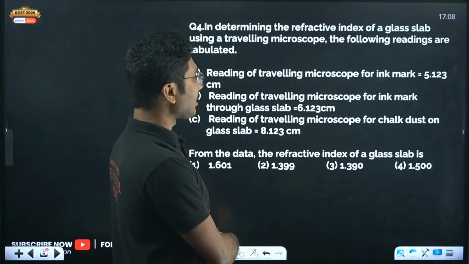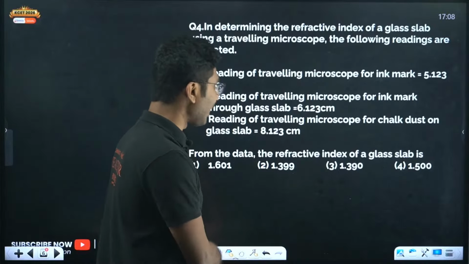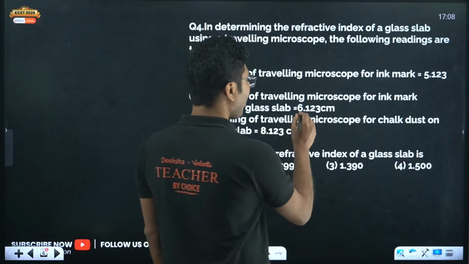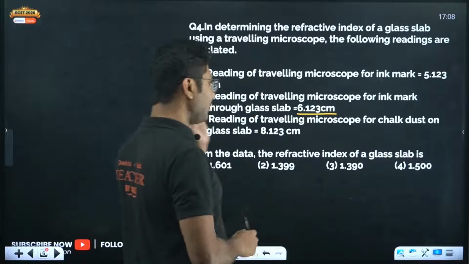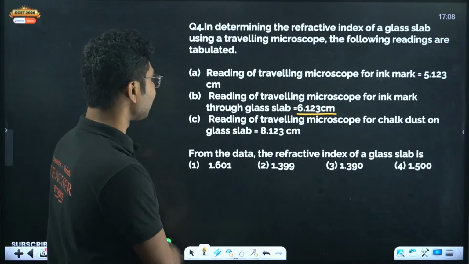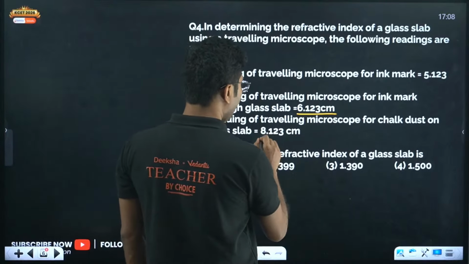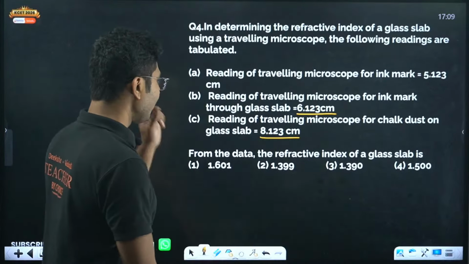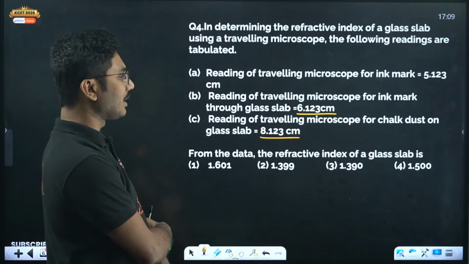Reading of traveling microscope for ink mark through a glass slab is 6.123 centimeter. Reading of traveling microscope for chalk dust on the glass slab is 8.123 centimeter. From the data the refractive index of the glass slab is.